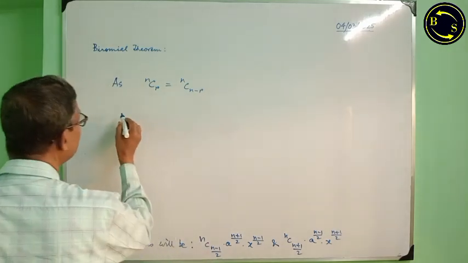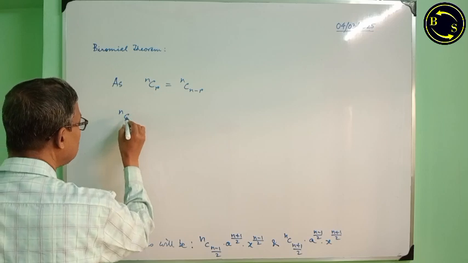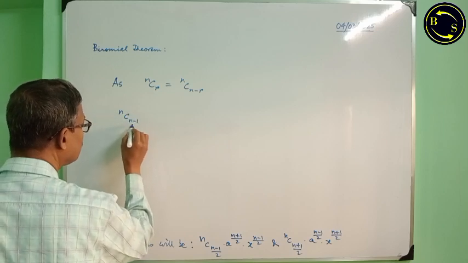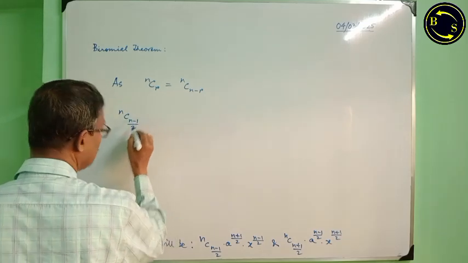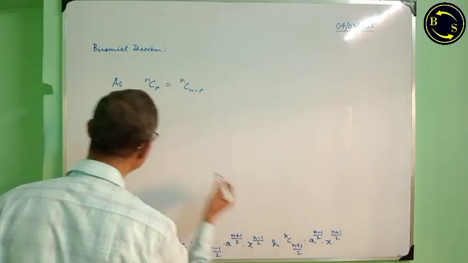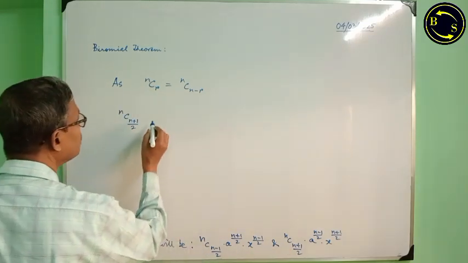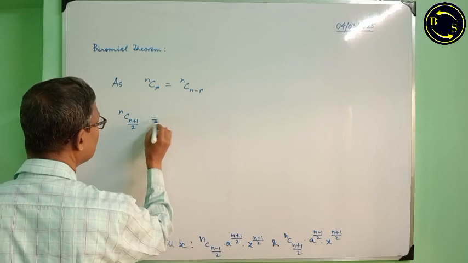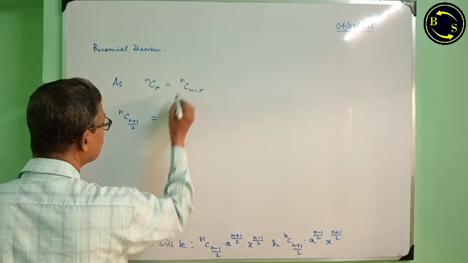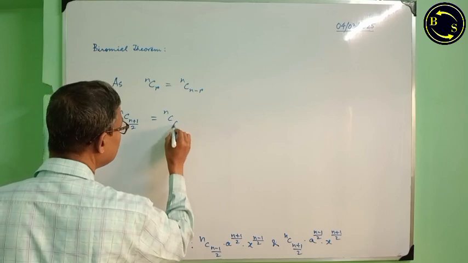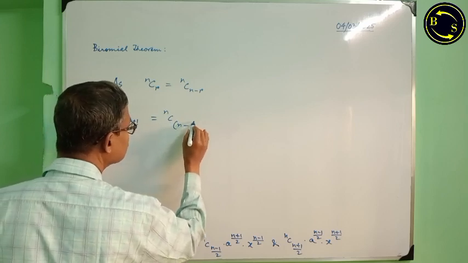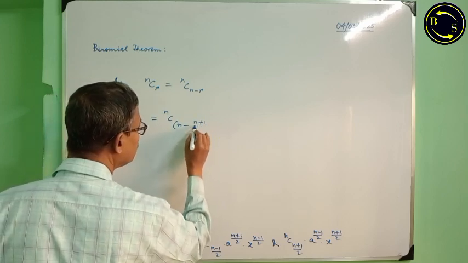Therefore, nC(n minus 1)/2, if I consider this one in this, then we can apply this formula. Then it will be nC(n minus (n plus 1)/2).